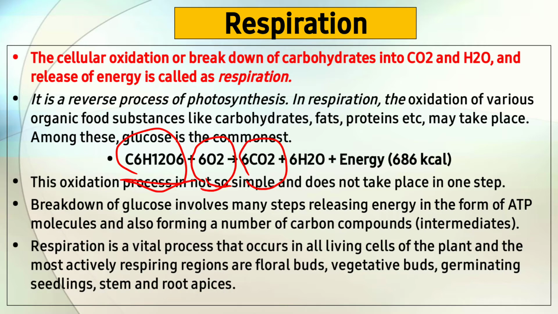Respiration is a vital process that occurs in all living cells of plants, and the most actively respiring regions are the floral buds, vegetative buds, germinating seedlings, and stem and root apex. In these regions the rate of respiration is higher.